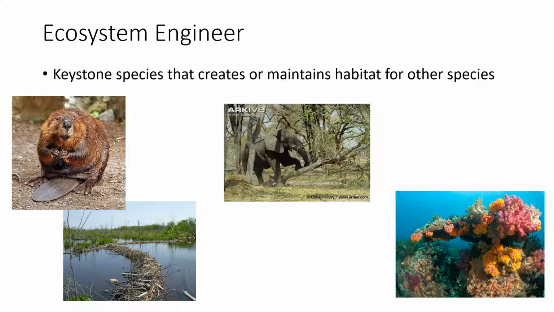Without the beavers, there would be no dam, and without the dam, that water wouldn't be there. And so all of the organisms that live there and around there would not be able to survive. Elephants actually trample and bring down a lot of trees, so they create that intermediate disturbance that's necessary for their environment. And coral reefs, of course, are ecosystem engineers because their reefs provide all kinds of habitat for the organisms that live with them.